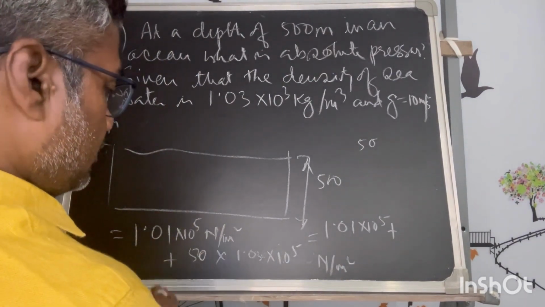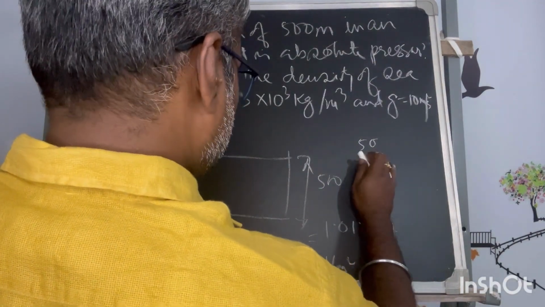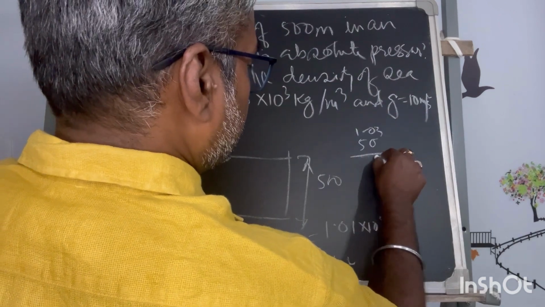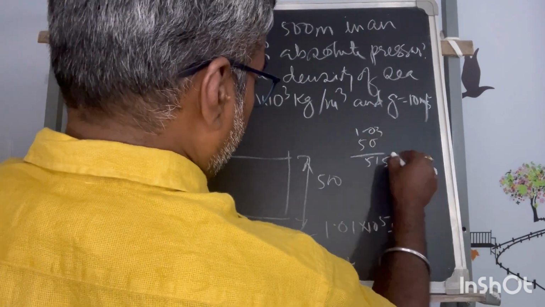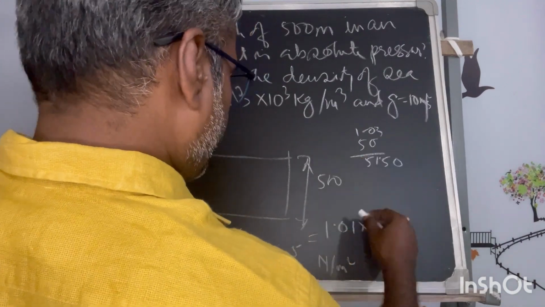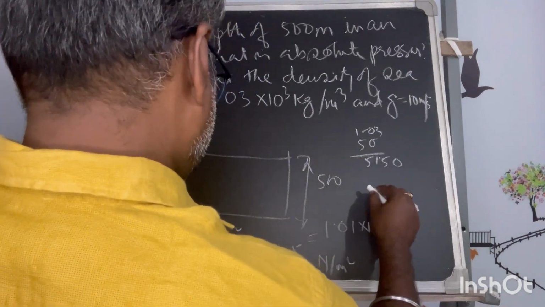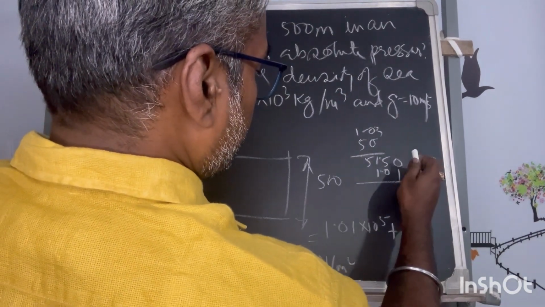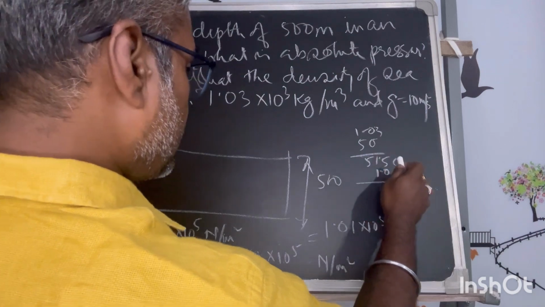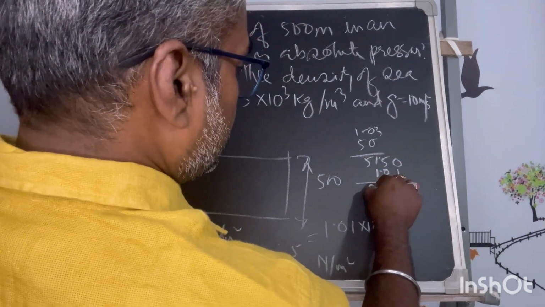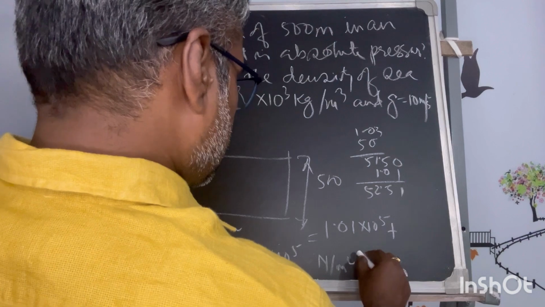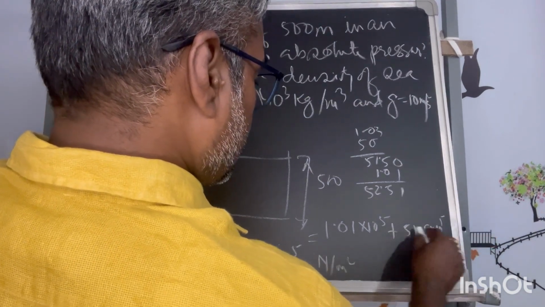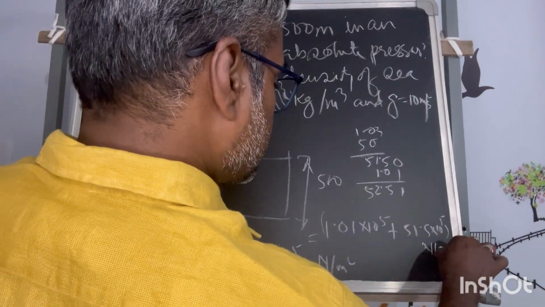So 50 into 1.03 is 51.5, plus 1.01, which will add together. So this will be 52.51 into 10 to the power 5, all together equal to Newton per meter square.